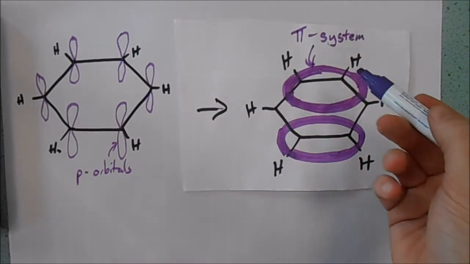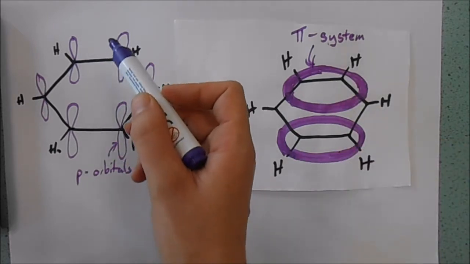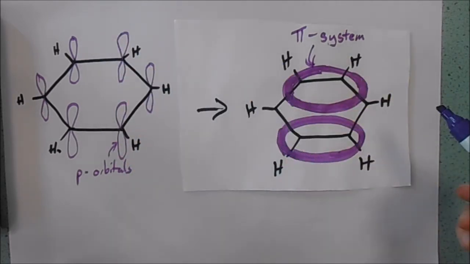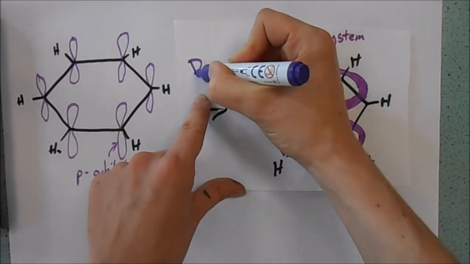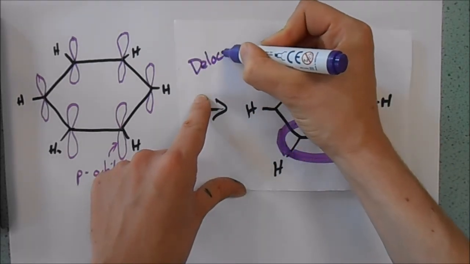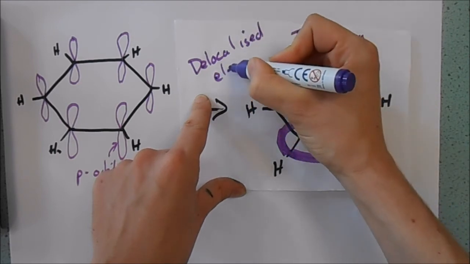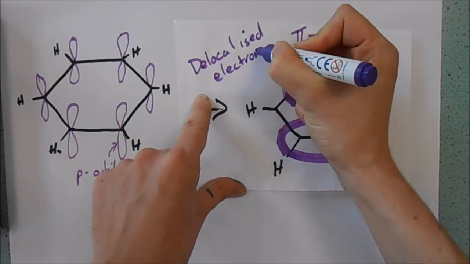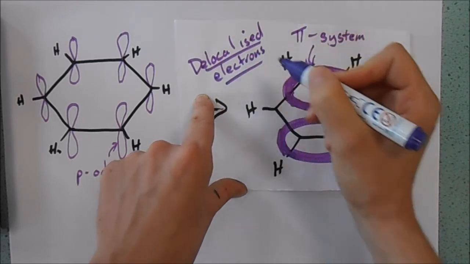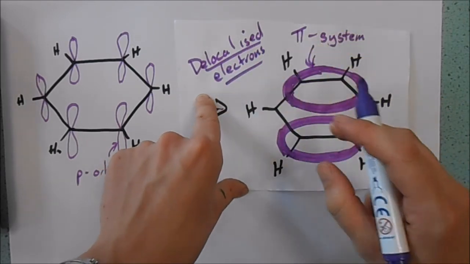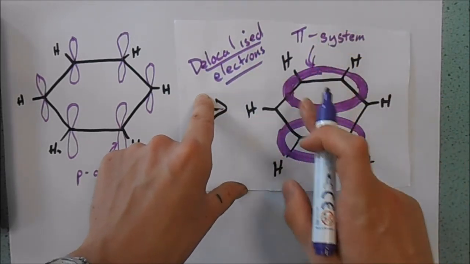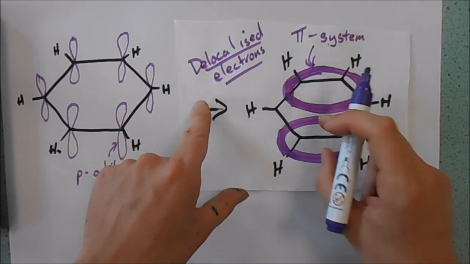And because these electrons are free to move around the entire system, the word that we're going to use for that is delocalized. The delocalized electrons are in the pi system.